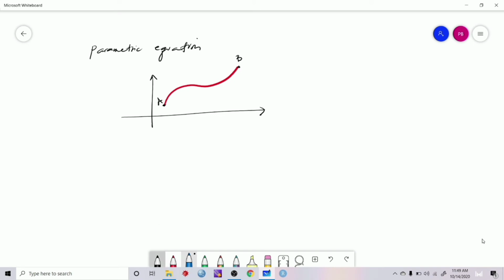So let's say A corresponds to (x0, y0), and B corresponds to (xn, yn).